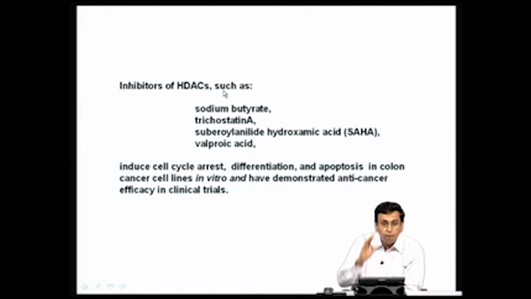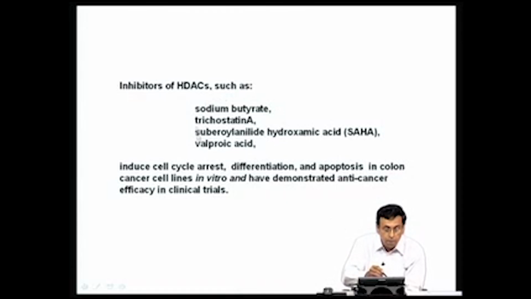Now, what is very important I want to describe is that people have now started identifying a number of small molecules which can go and inhibit these various HDACs. I have listed some of these compounds here, like sodium butyrate, trichostatin A, suberoylanilide hydroxamic acid, abbreviated as SAHA, valproic acid, and so on. And when you treat cells with various HDAC inhibitors, they induce a number of important processes, like for example they can induce cell cycle arrest, they can cause differentiation of cells, they induce apoptosis in colon cancer cell lines, and so on and so forth.